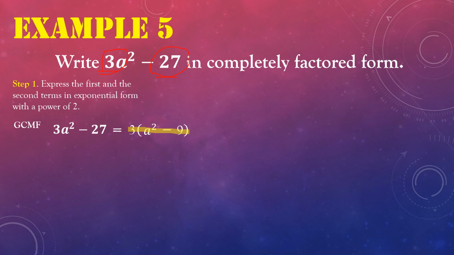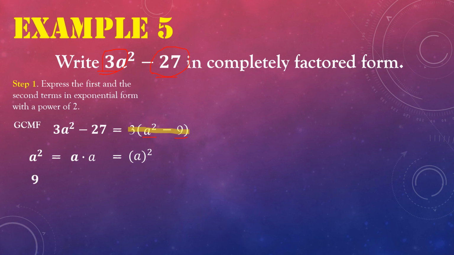Now, we can say that a squared and 9 are perfect squares. So we can proceed with our solution. So a squared can be written as a times a, or in the exponential form, the quantity of a raised to 2.